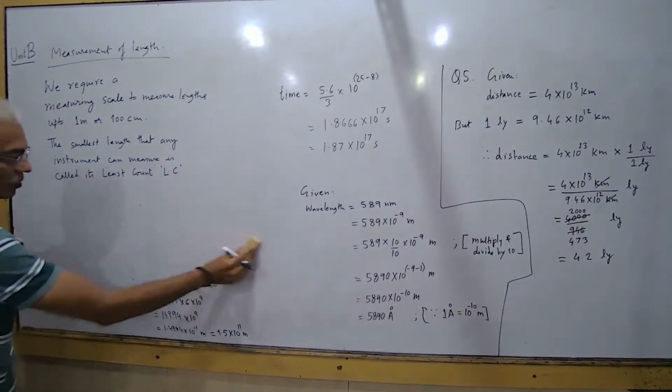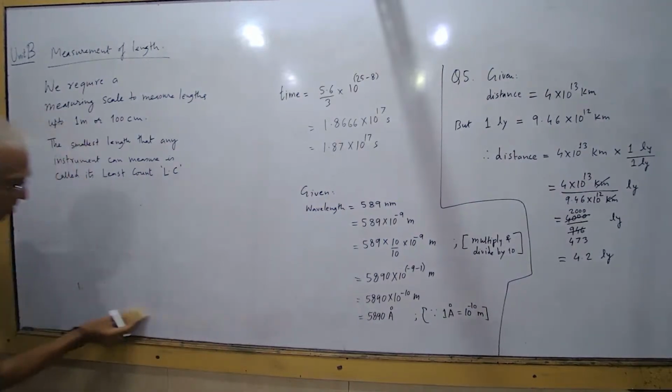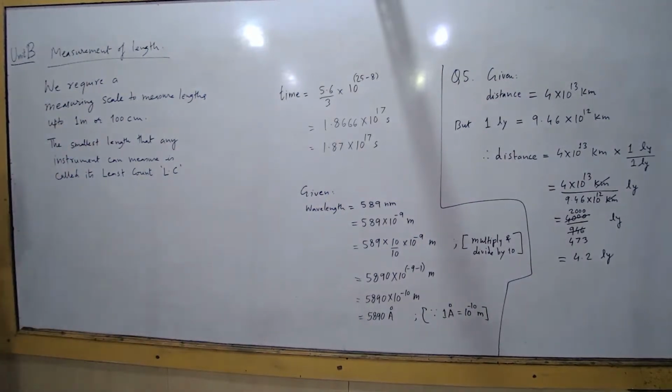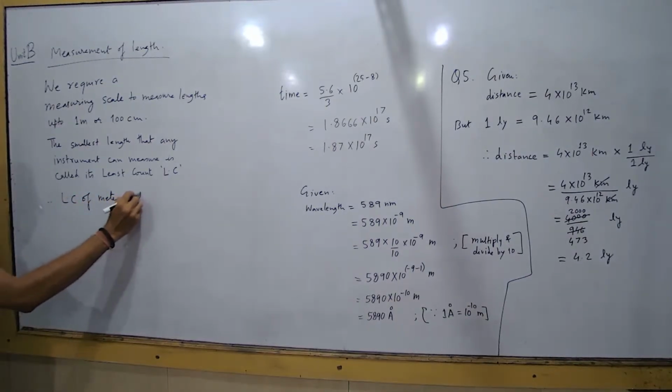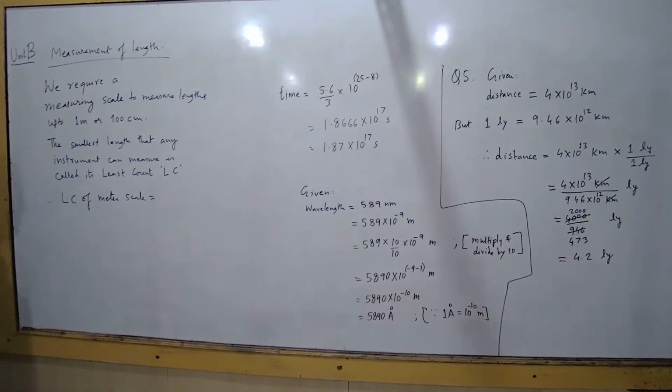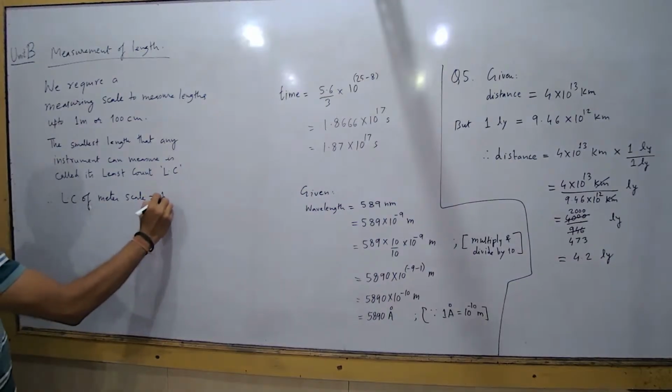What is the least count of a meter scale? Meters, 1 centimeter, 1 millimeter. 1 millimeter, right? So the least count of a meter scale is 1 millimeter.